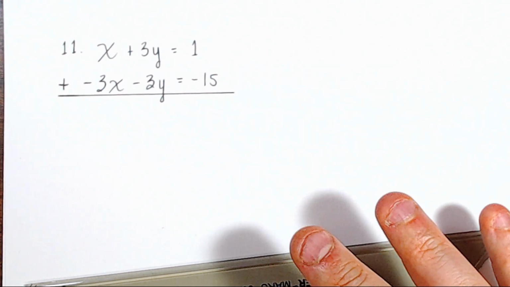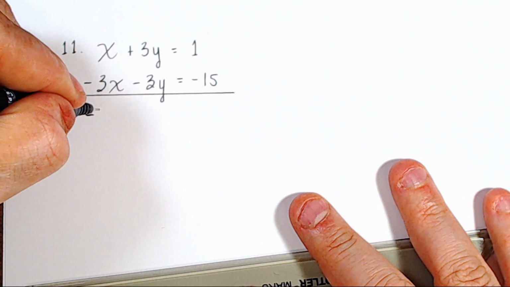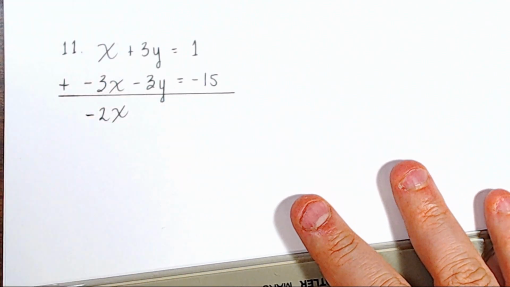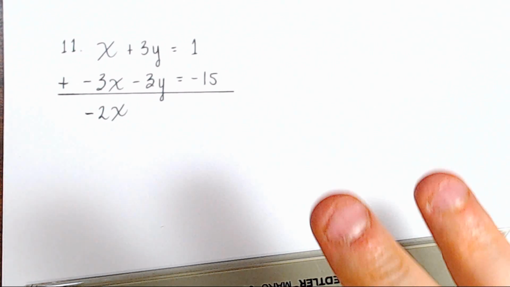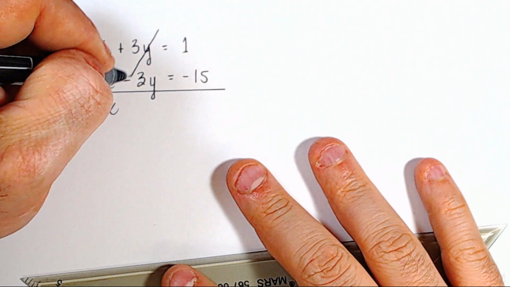So this would be negative 2x. How about 3y minus 3y? Zero. Wait a minute, I just eliminated the y, didn't I? Because plus 3y minus 3y, combine those two things together, it's like a black hole. It disappears. Okay? So you can cross these out.